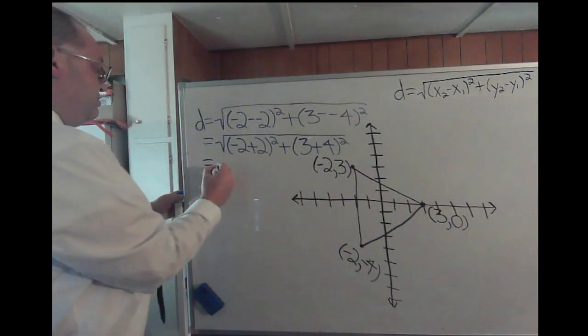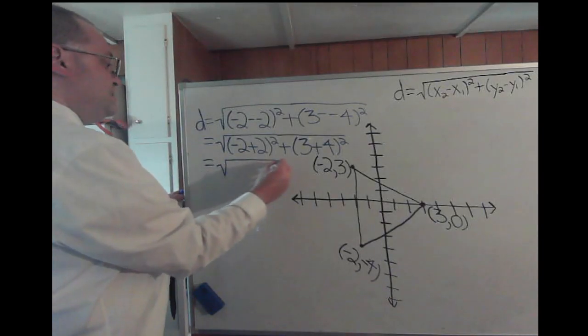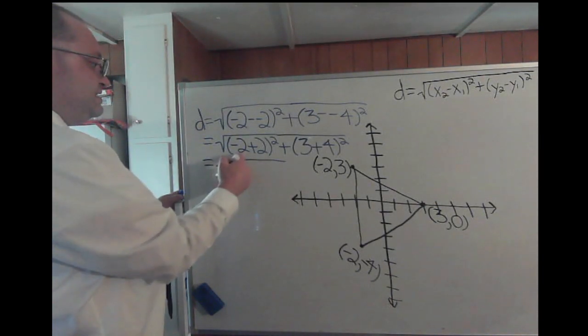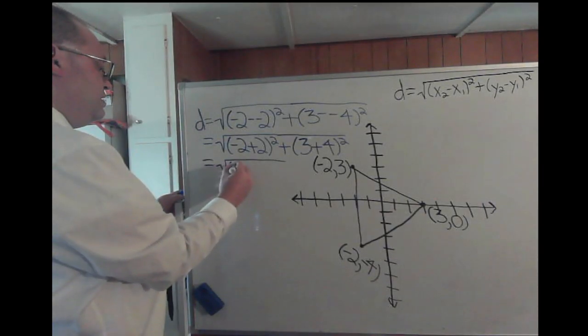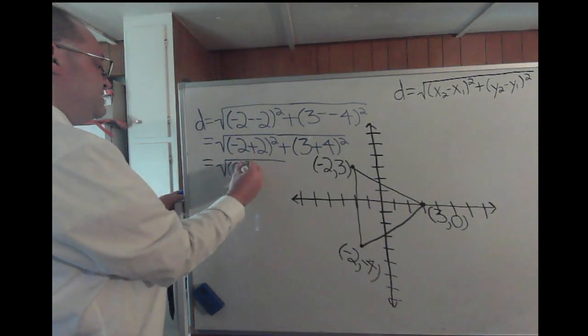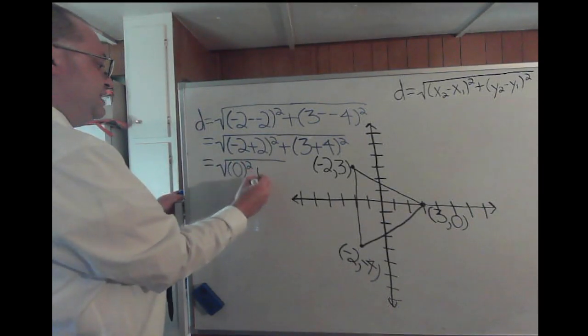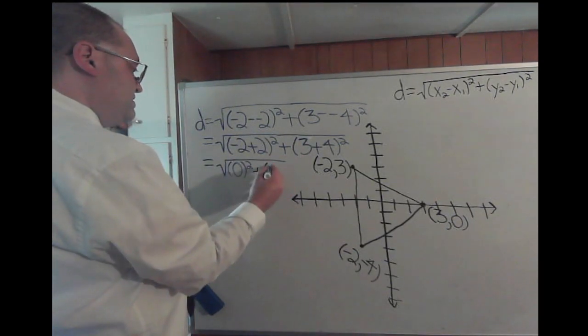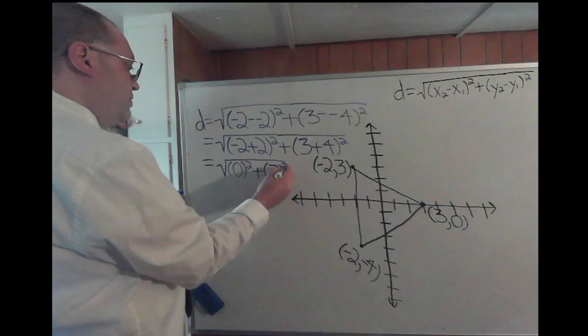Now if we work inside the parentheses, -2 plus 2 is 0. You'll get 0 to the second power, plus 3 plus 4 inside that parenthesis, that'll be 7 to the second power.